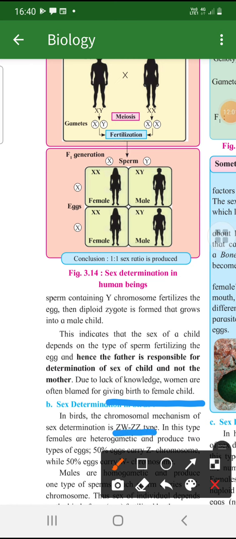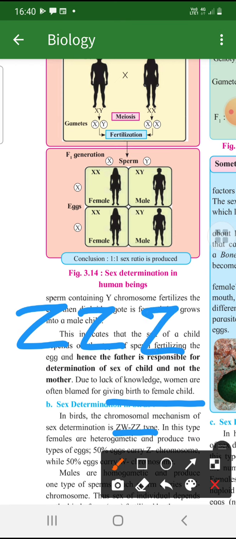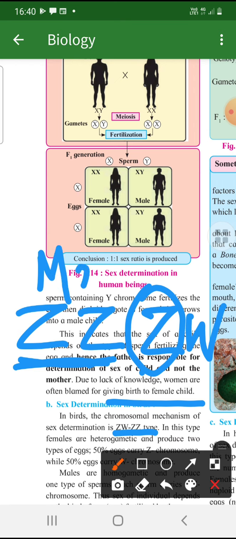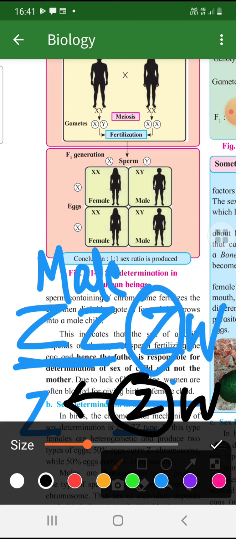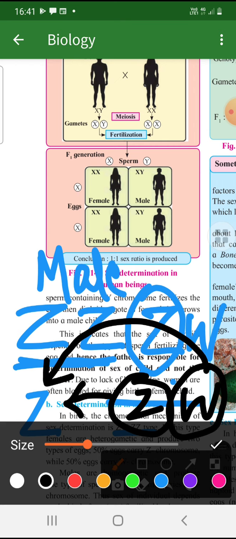But in birds it is something different. In birds, males are homozygous and females are hetero. So this is a male, and the male is only providing one type of sperm, whereas the female is providing two types of egg, one is Z and another is W. When this ova fuses with this sperm, it will give rise to a male, whereas if this ova fuses with this sperm, it will give rise to the female.